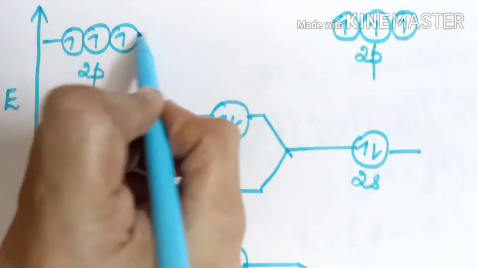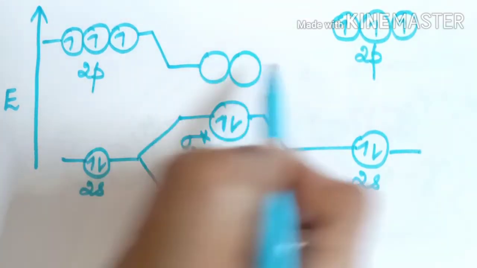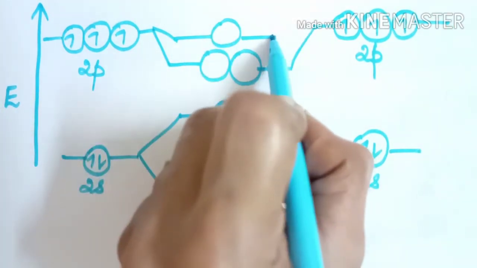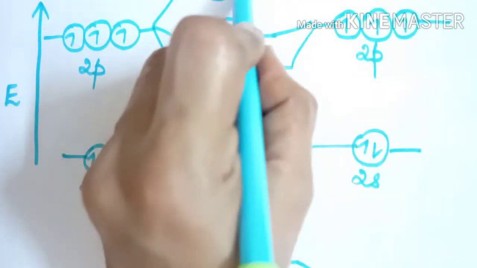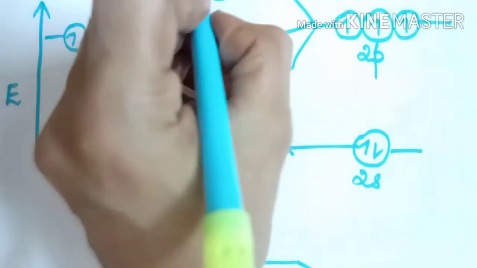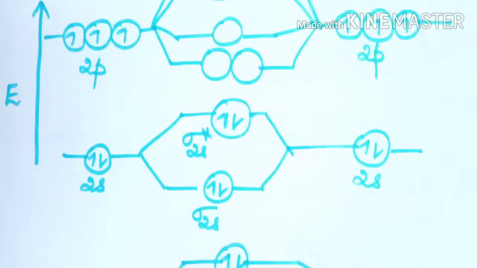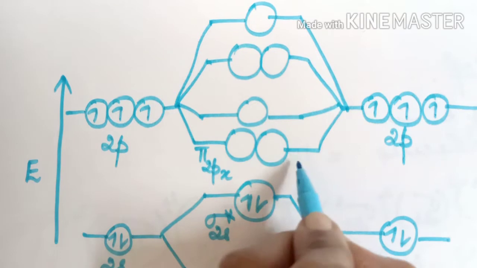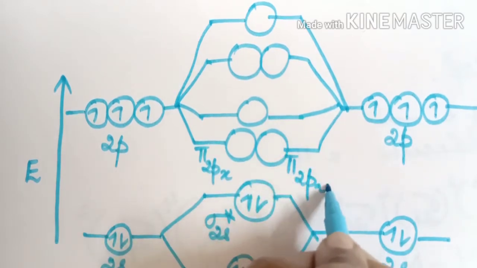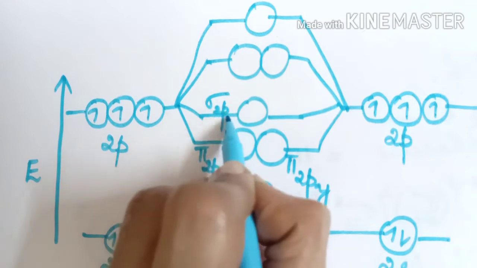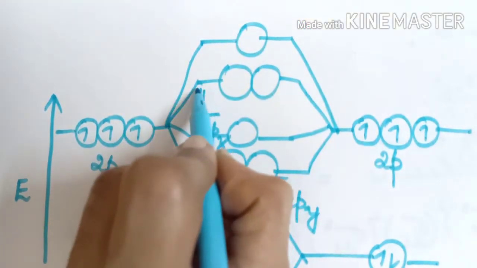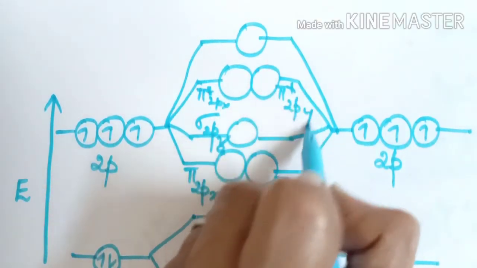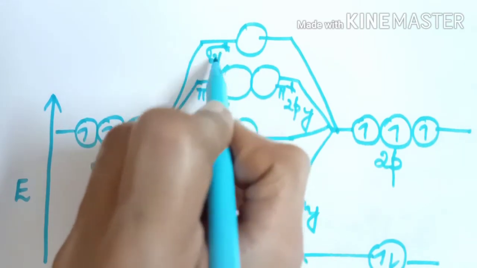Then comes pi 2px, pi 2py, sigma 2pz, followed by pi star 2px, pi star 2py, and sigma star 2pz.